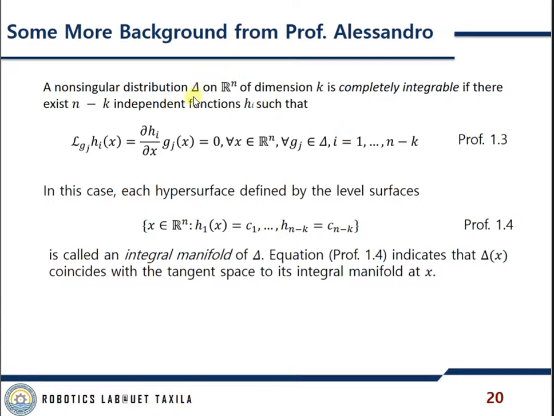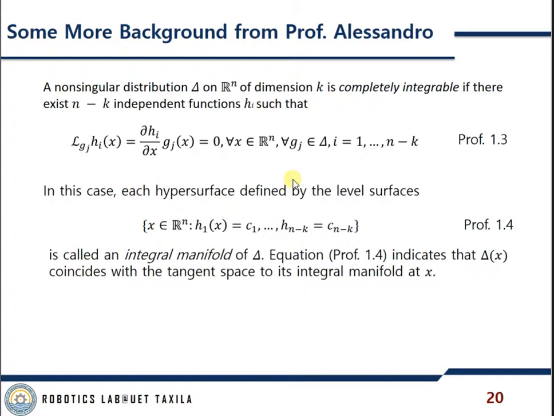So this delta has dimension k, it is on an n-dimensional space, and is integrable if n minus k independent functions exist. In this case, each hypersurface defined by the level surface, x belonging to the n-dimensional space with h1 of x equal to c1, up to h n minus k equal to c n minus k, is called an integral manifold of delta, or the accessibility distribution.